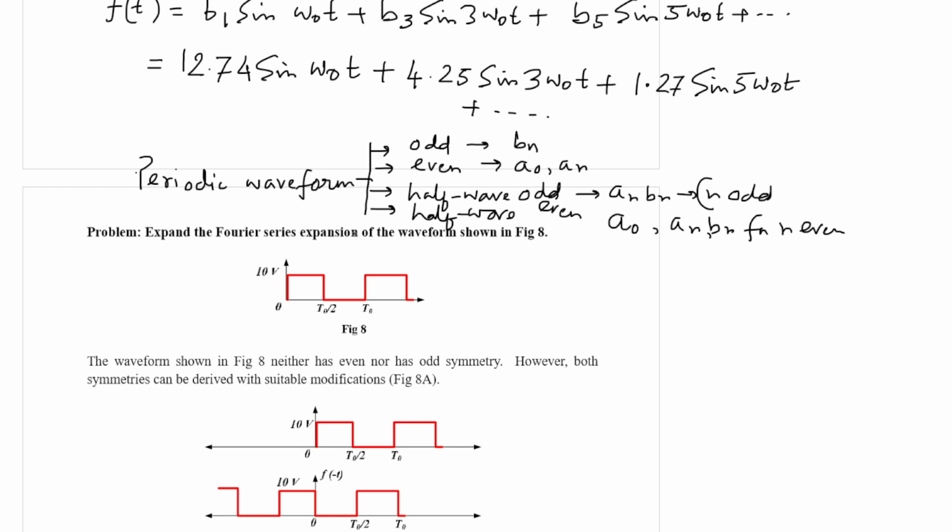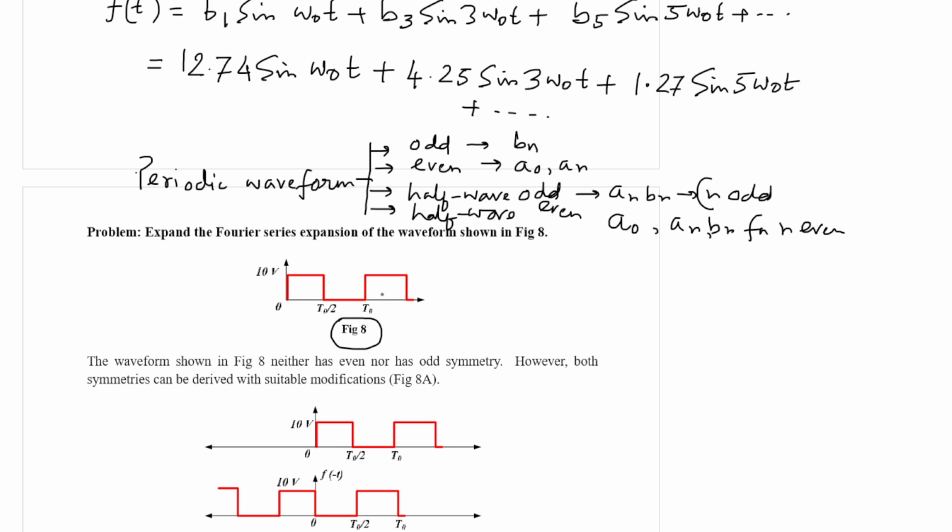Now there are few periodic waveforms that do not possess any symmetry. Neither are they odd symmetry, nor even symmetry, nor half wave symmetry, nothing. But still they are periodic waveforms. So this is a perfect example of a waveform as illustrated in figure 8.